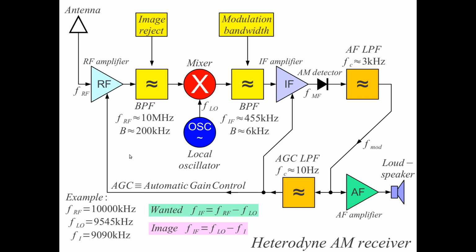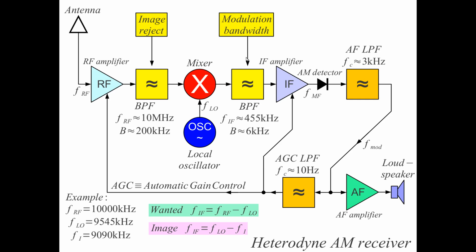One problem that happens in a heterodyne receiver is that electrical mixing provides, besides the wanted response, also an image response at a different frequency. So, say we are receiving a 10 megahertz signal, we need a local oscillator that's offset by the intermediate frequency, but we have an additional response at some other frequency.